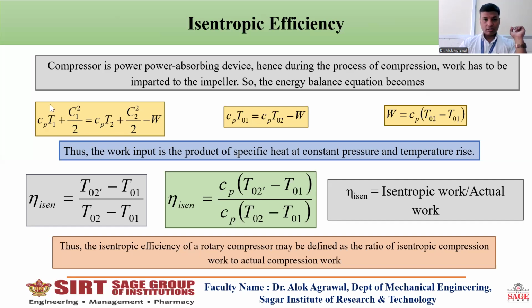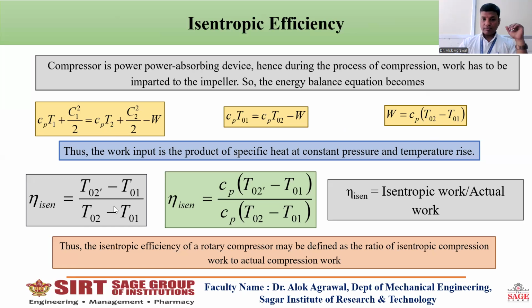Combined, this gives Cp T01 and this gives Cp T02. The static values can be replaced with stagnation values, and we get that work is equal to Cp times T02 minus T01, so the work input is the product of the specific heat at constant pressure and the difference in temperature.